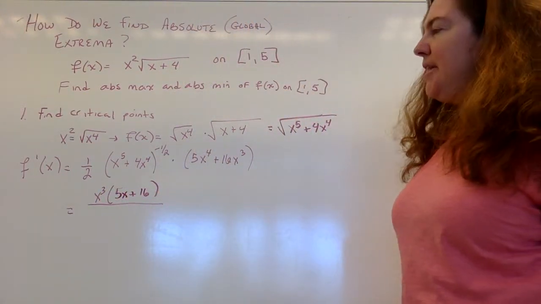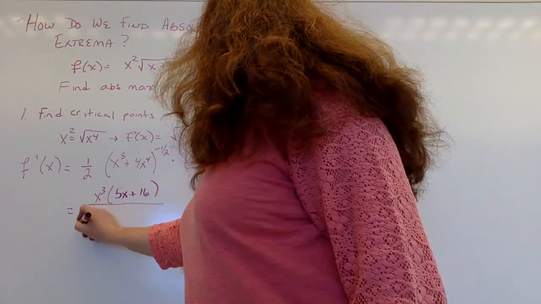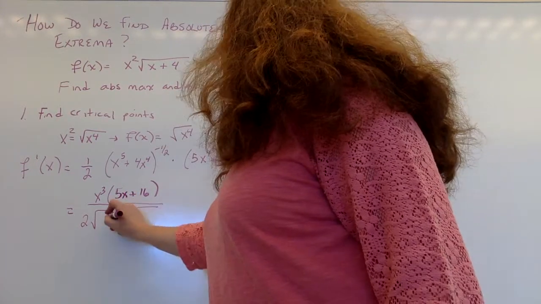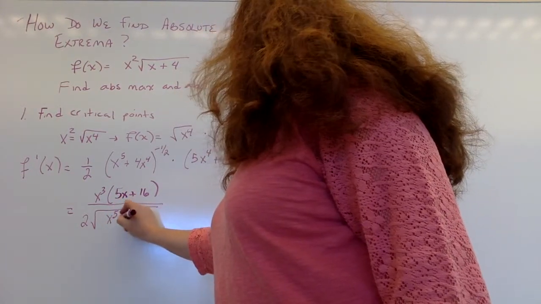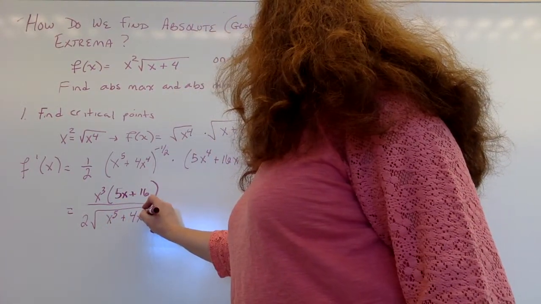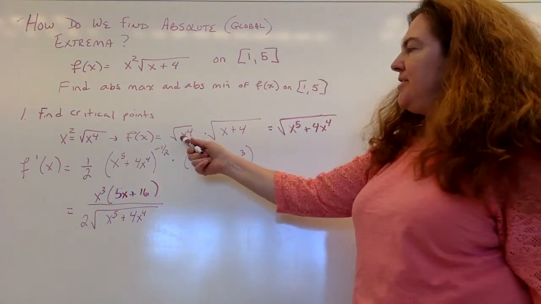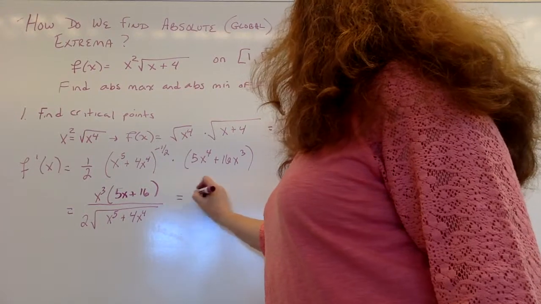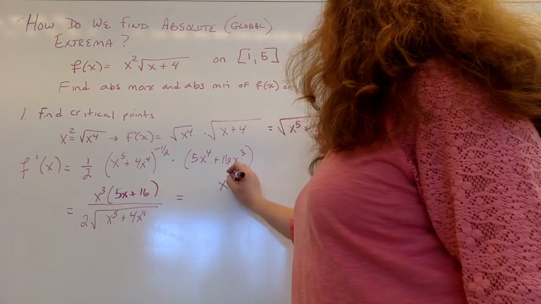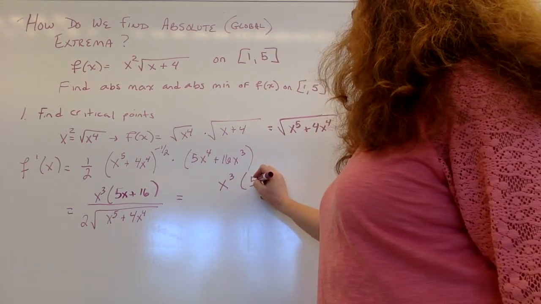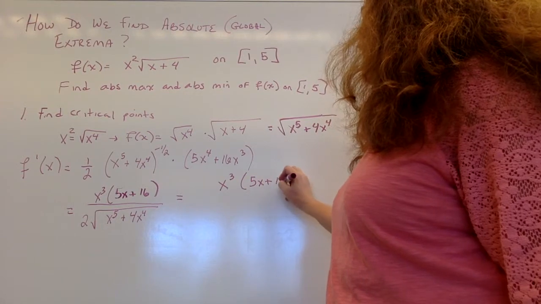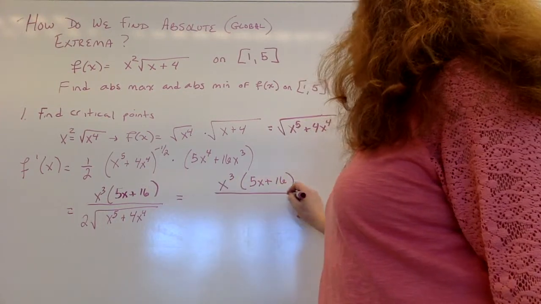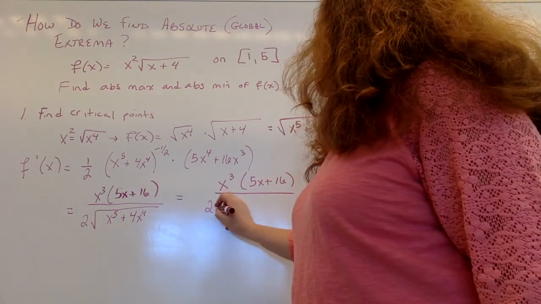And in my denominator, I have 2 times the square root of x to the fifth plus 4x to the fourth. Now remember, what I did is I put this extra x to the fourth in there, so I'm going to pull that out. So my derivative now is x cubed times 5x plus 16 over 2x squared.